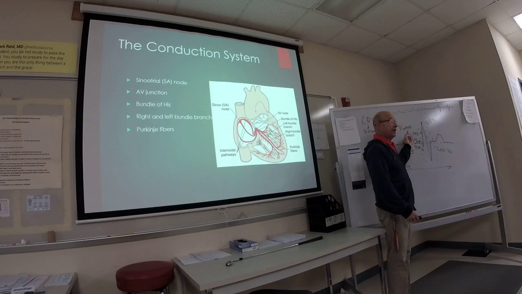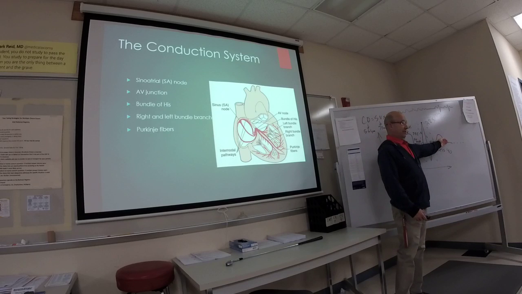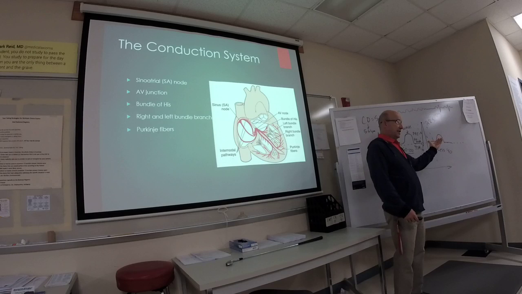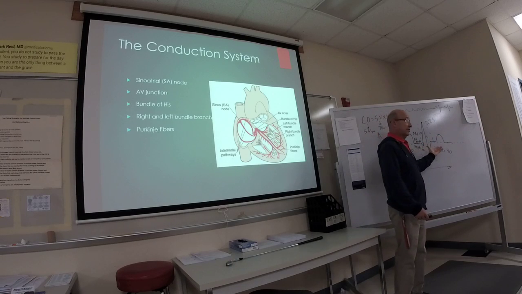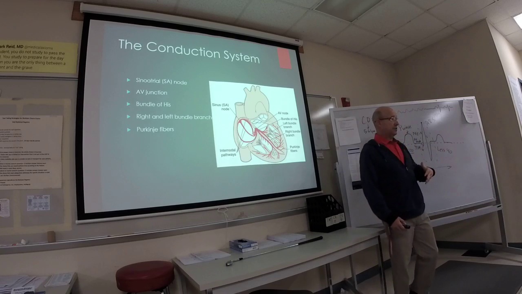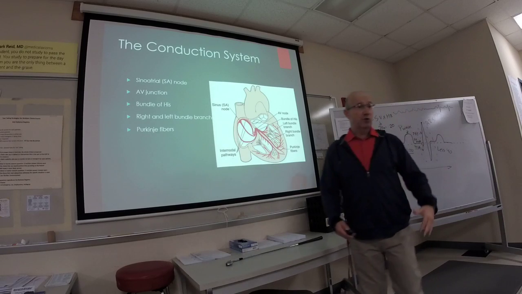It has a P wave that is upright, well-rounded, a QRS complex, and a T wave. That's a normal sinus rhythm. So see, that's easy to interpret. Once you know what's normal, then you're able to interpret what's abnormal.